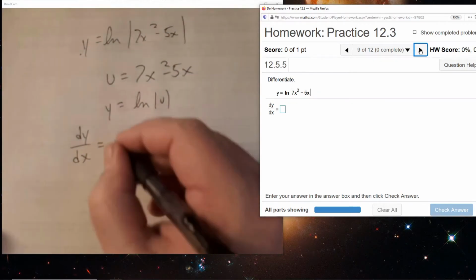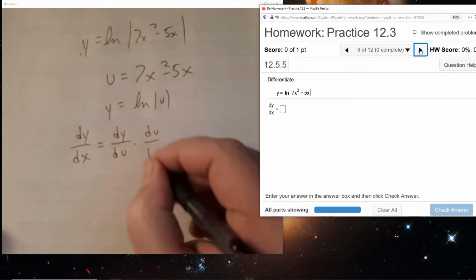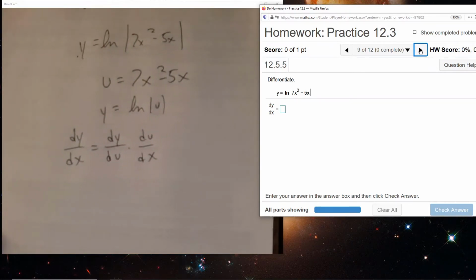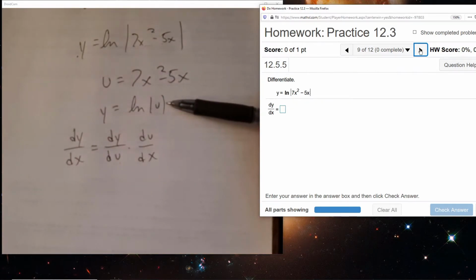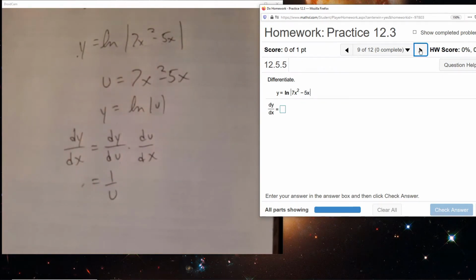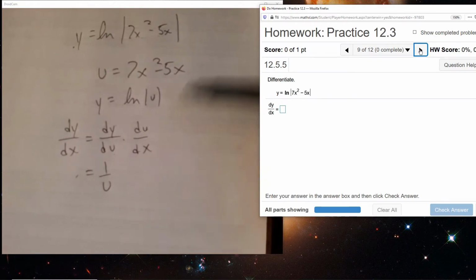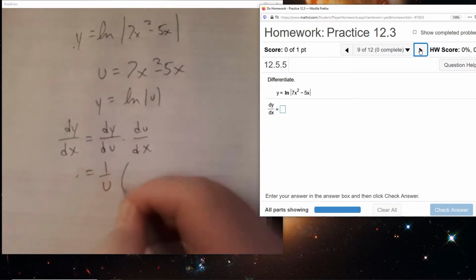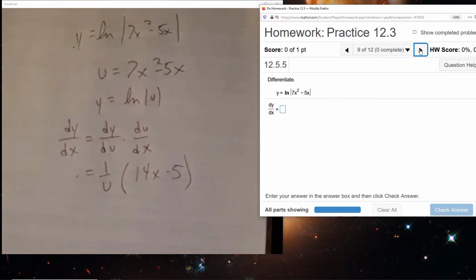In terms of the chain rule then, dy du, here's y. The derivative of log is 1 over u. And then the derivative of u, here's u. So the derivative of u is 14x minus 5.